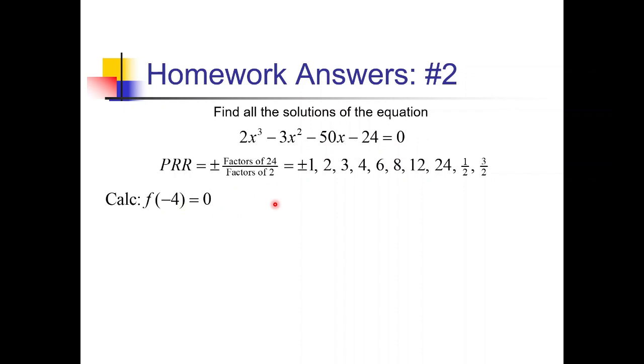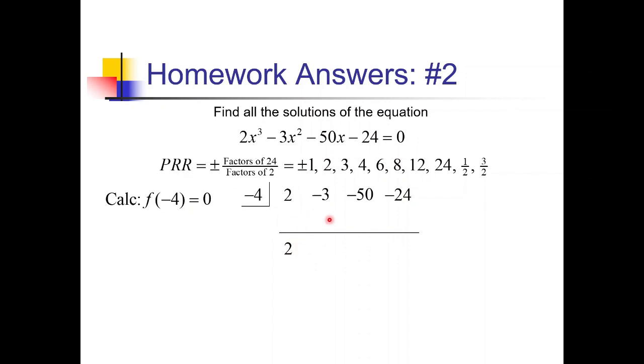So we've got f of negative 4 is 0, so let's plug in negative 4 with synthetic division. My coefficients up here, I've got a 2 for the 2x cubed, and now negative 3, negative 50, and a negative 24. And again, we're plugging in negative 4 for my k value. So here's my division line. I bring down that first coefficient of 2.